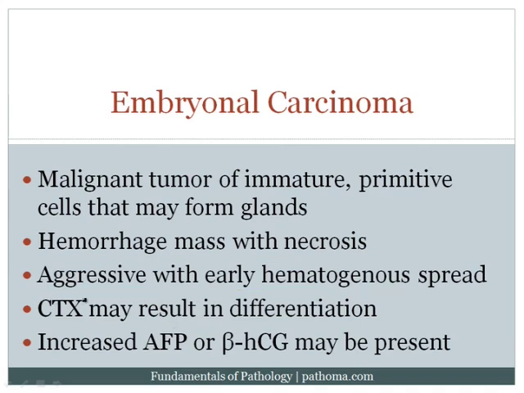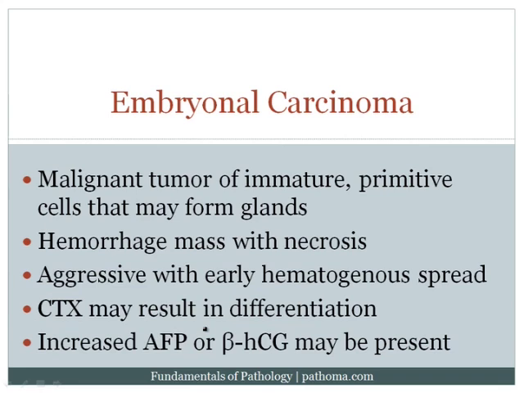When patients with embryonal carcinoma are treated with chemotherapy, an interesting thing that can occur is that the tumor can differentiate. Because these are very primitive embryo-like cells, that tumor can actually become something more mature. For example, chemotherapy can cause the embryonal carcinoma to become a teratoma, and that's particularly high yield for board examinations as well.